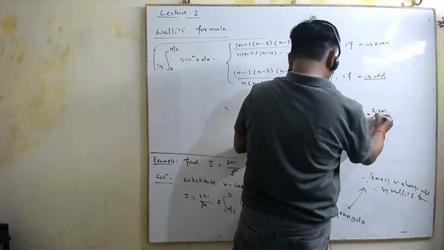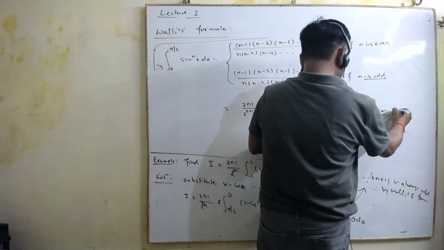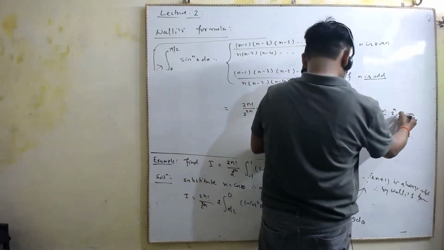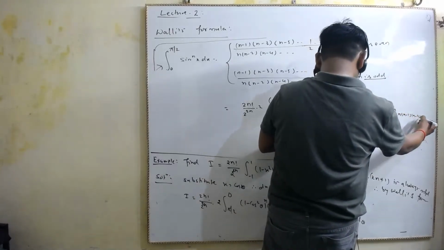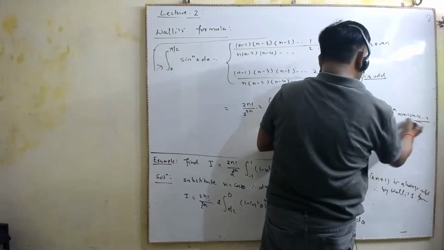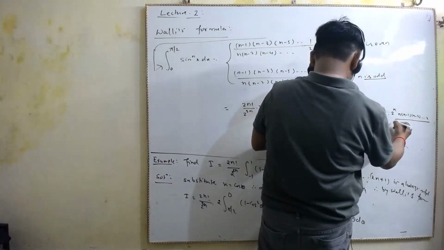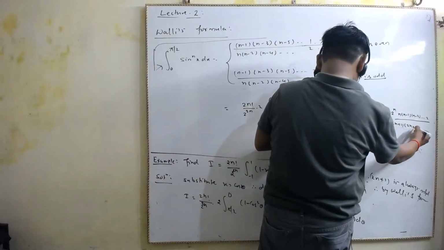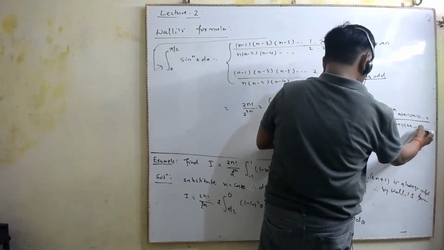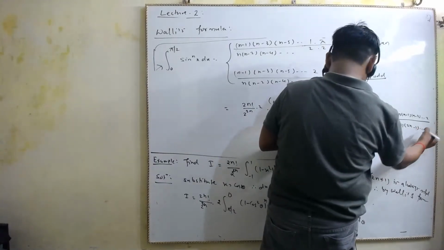2 into 2n factorial divided by 2 raised to the power n, that is 2 raised to the power n, n minus 1, n minus 2 up to 2, divided by 2n plus 1, 2n minus 1, 2n minus 3 up to 3.